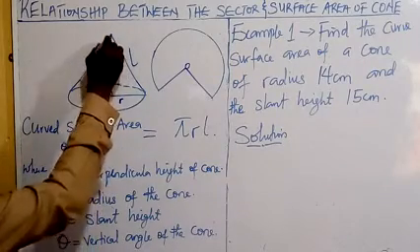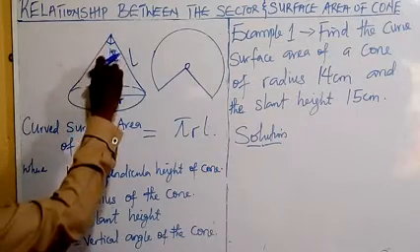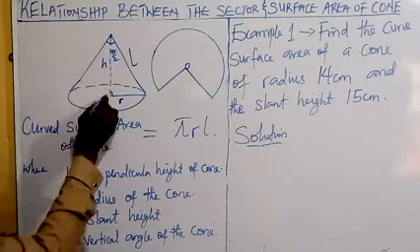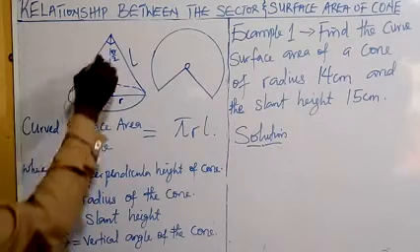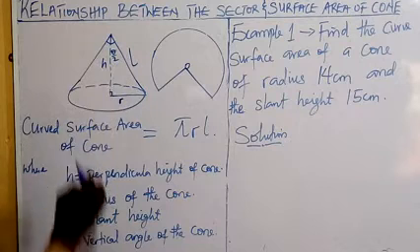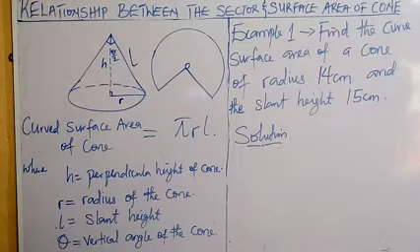The moment we draw a broken line, a straight line to the center, we've divided it into 2, so we write theta divided by 2. So the formula for calculating the surface area of a cone is pi RL.